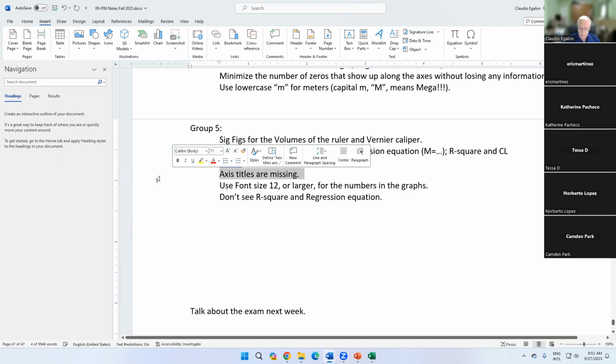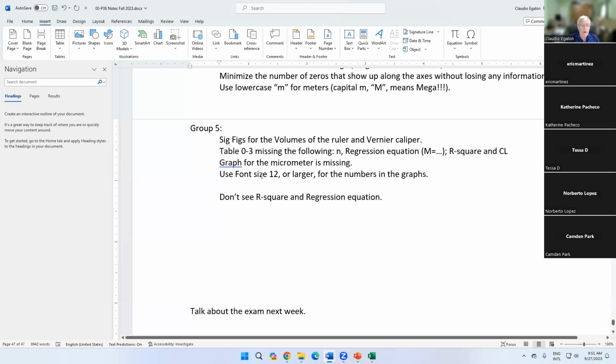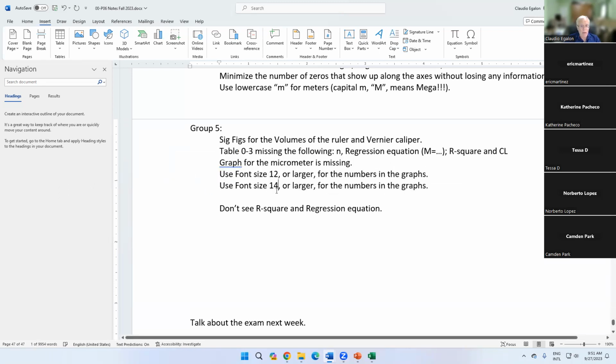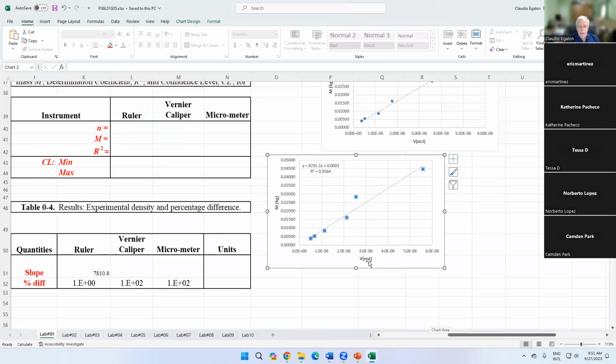Okay, we didn't have any problem. Use font size 12 or larger for the numbers in the graph. Use font size 14 or larger for the titles, for the axis titles. Okay, you made it bold-faced.